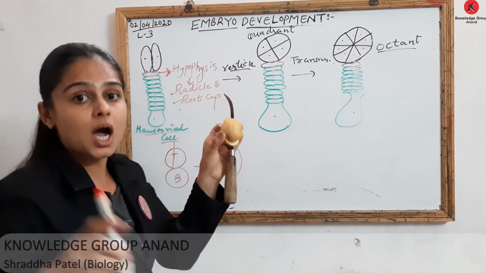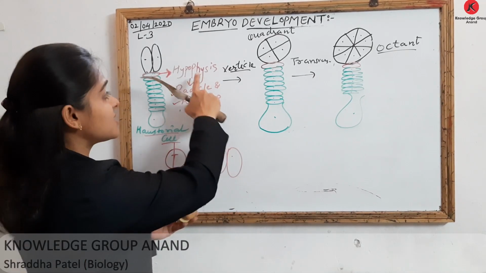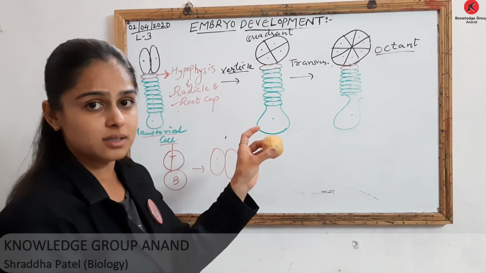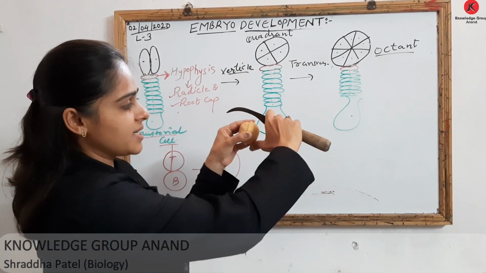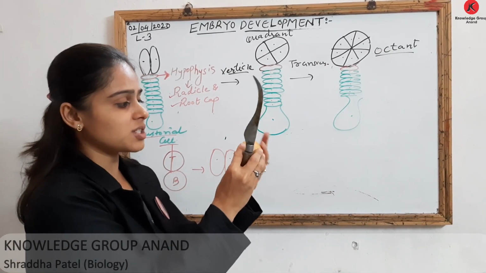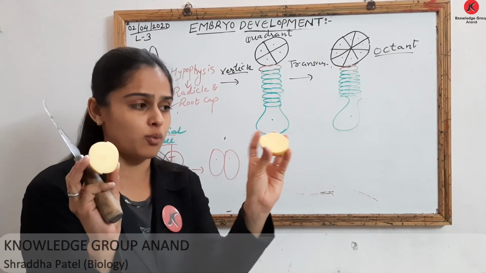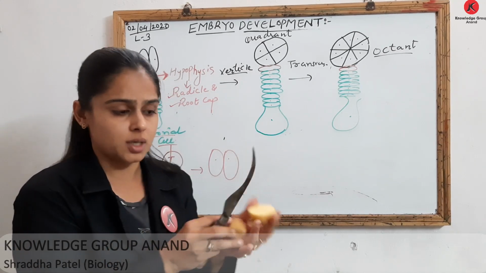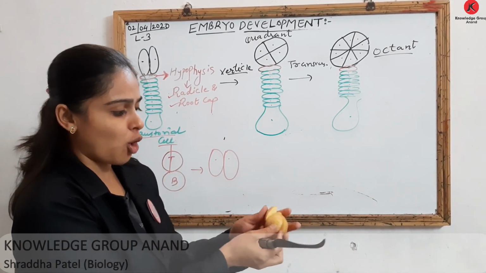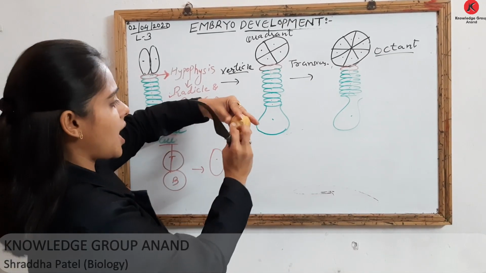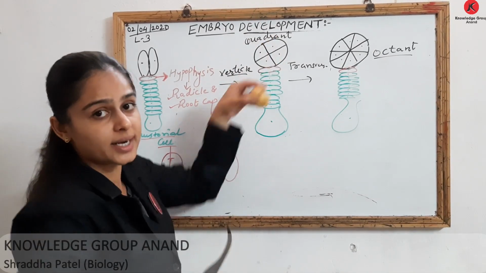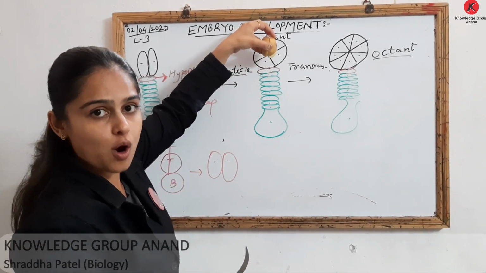Am I clear? Now what did I tell you? The next division will be vertical. Once again it will be vertical. Can you see this? Which results in formation of 1 2 3 and 4, a 4 celled structure, which is called your quadrant.